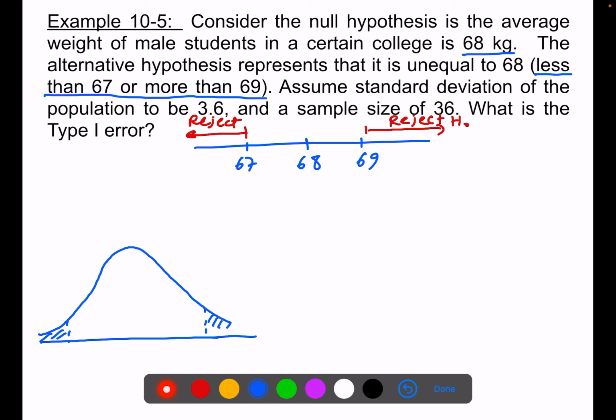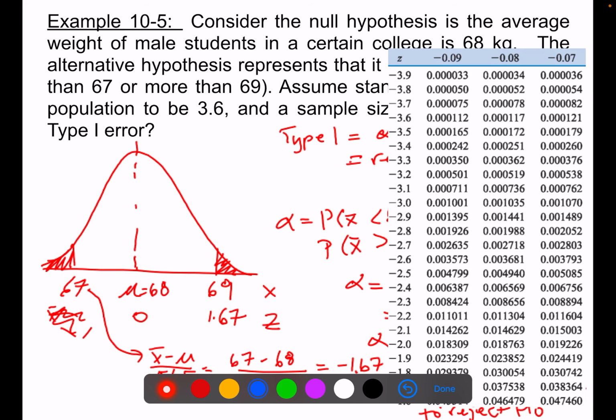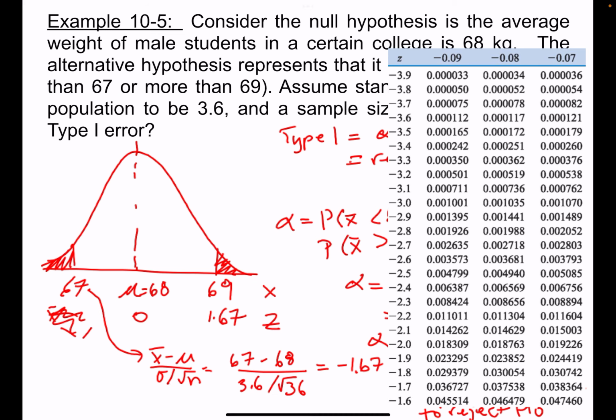Any questions? Okay. So from the numbers, what we have to do is that here we have the population standard deviation, so it's a normal distribution.